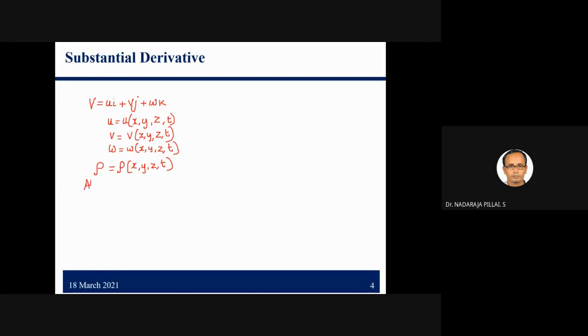At point 1, we can write rho 1 as rho of x1, y1, z1, t1.